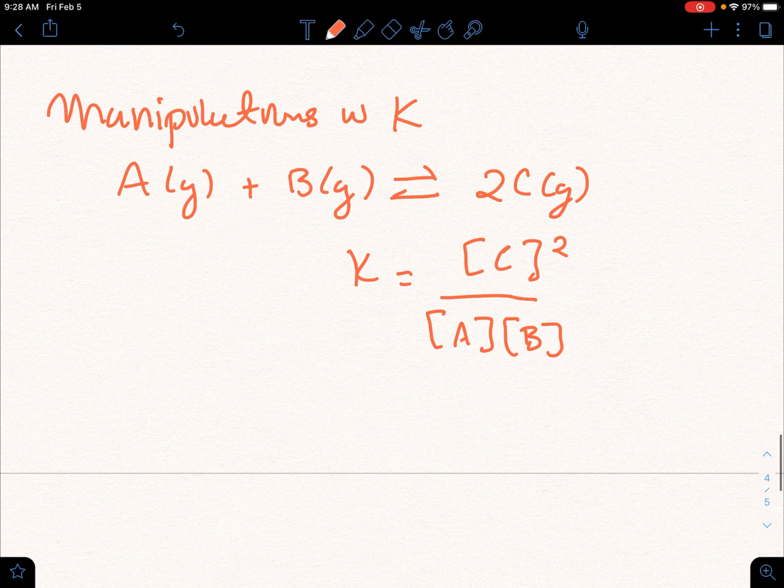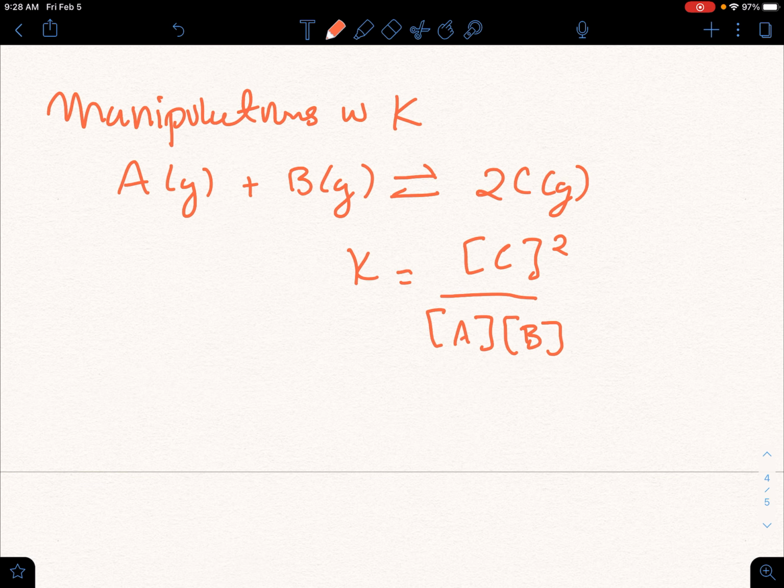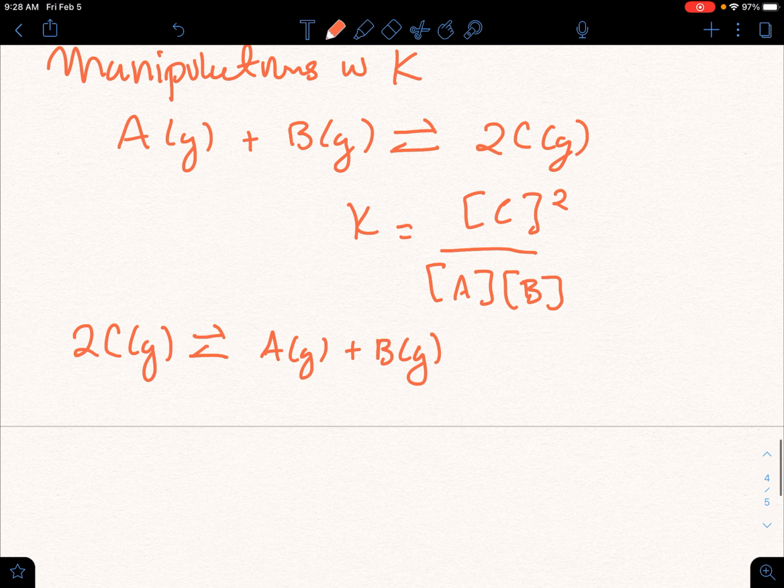So we can also write it for the reverse reaction. Let's flip this reaction, because this is written in the forward direction. We can also write it as 2C gas goes to A gas plus B gas. And we can write a separate K equilibrium for the reverse reaction, right?